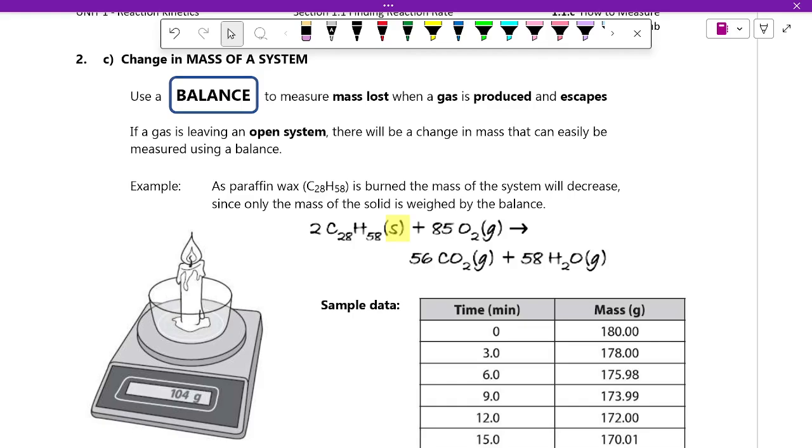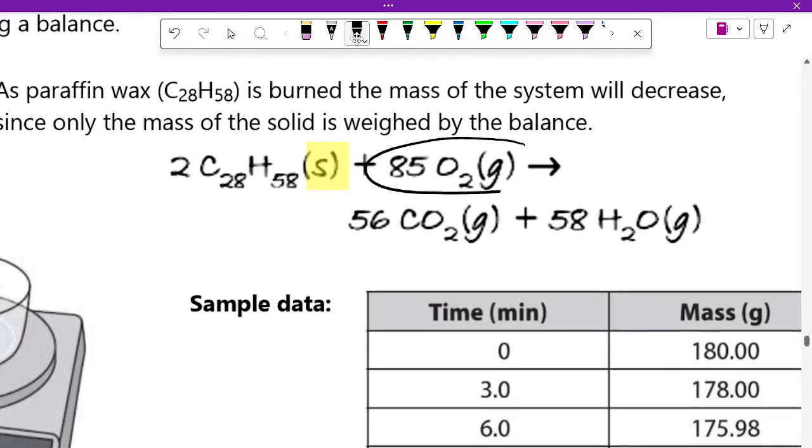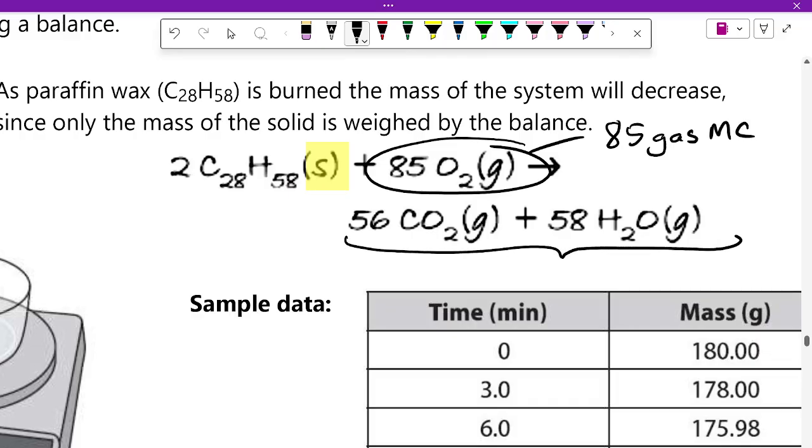So if you have something where a gas is being produced, like here we have 85 gas molecules in the reactants, and we have 114 gas molecules in the products, will there be a change in the mass of the system as time goes on? Yes. Okay.